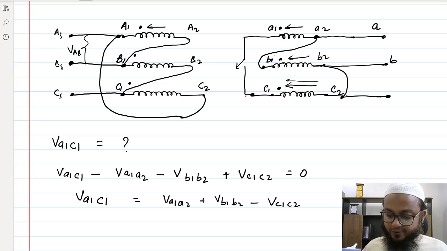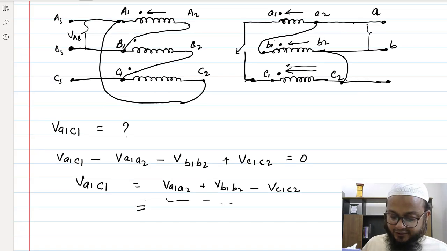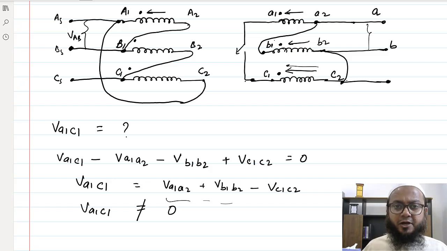And obviously we know that in this condition the sum won't be 0. VA1, C1 is not equal to 0, and you can even compute the magnitude of it. So if we are shorting, obviously the potential difference is not 0, and there would be a huge amount of current because the winding resistance is almost 0.